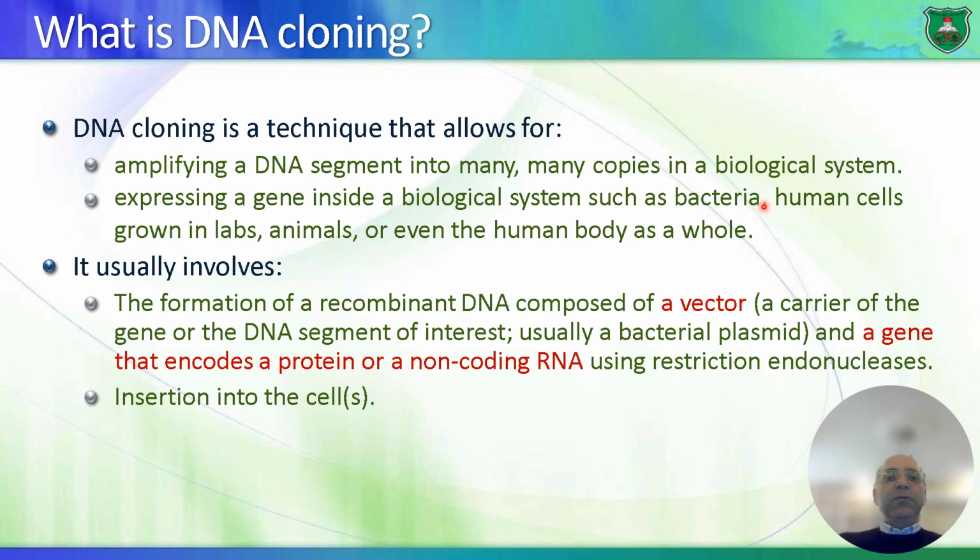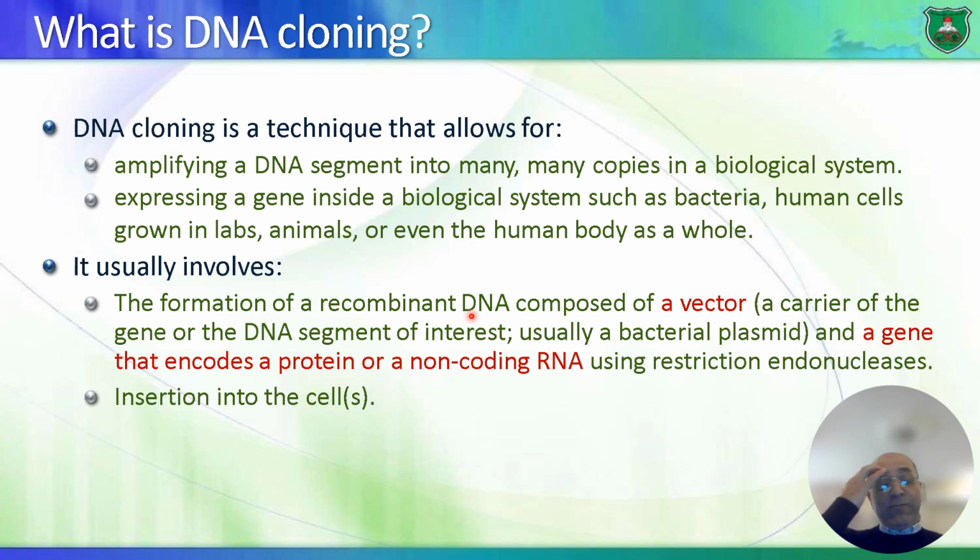And this is done by creating a recombinant DNA, which is basically a DNA that is made of different pieces of DNA from different sources. So we say human DNA, and we combine it with bacterial DNA. So that's a recombinant DNA. So basically, we have a piece of DNA that contains another piece of DNA from a different source.